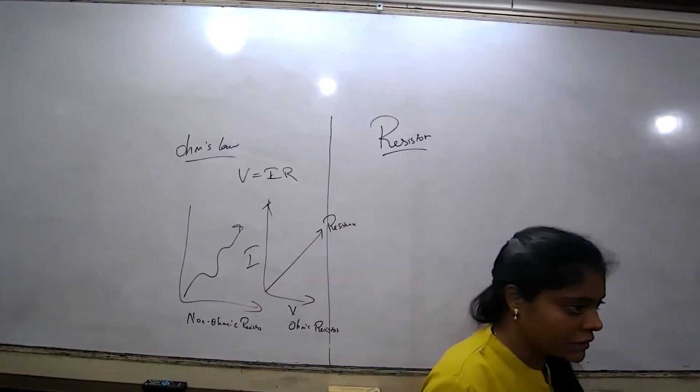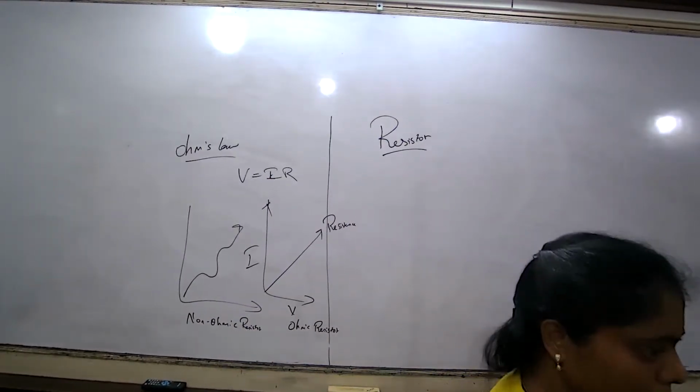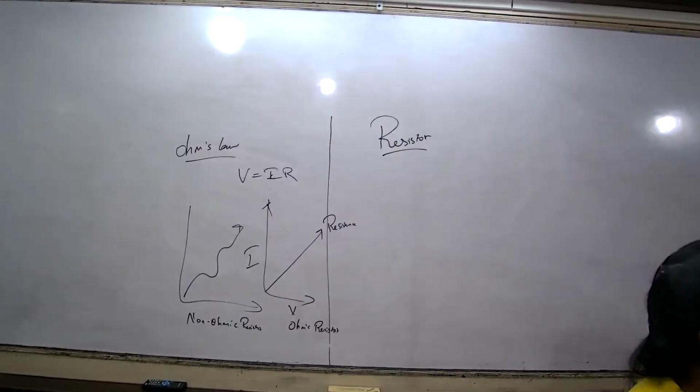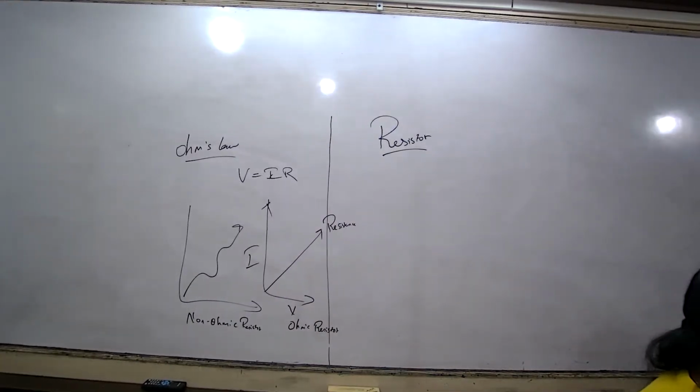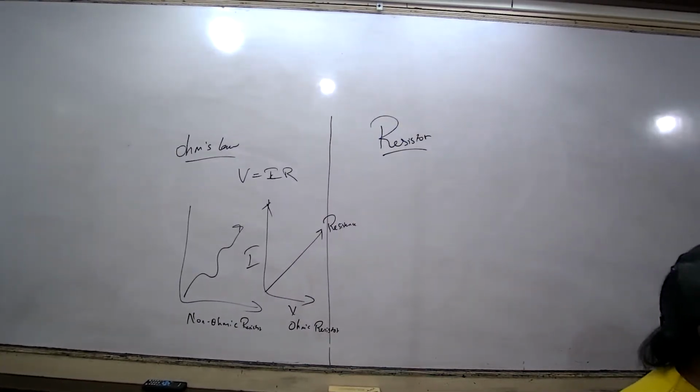A resistor is a component. Okay, it's a very minute component. Each and every resistor has a unique number. In order to find the value of the resistor, we can see the color bands on the resistor.